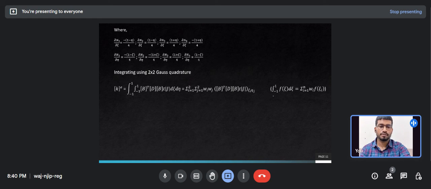For that we know that for the 1D element we can substitute the integration in the summation form, where Wi is the weight function and f of zeta is the value of the function at the points. And n depends on the number of points we are using for the Gauss quadrature, whether it is 1, 2, 3, or 5.